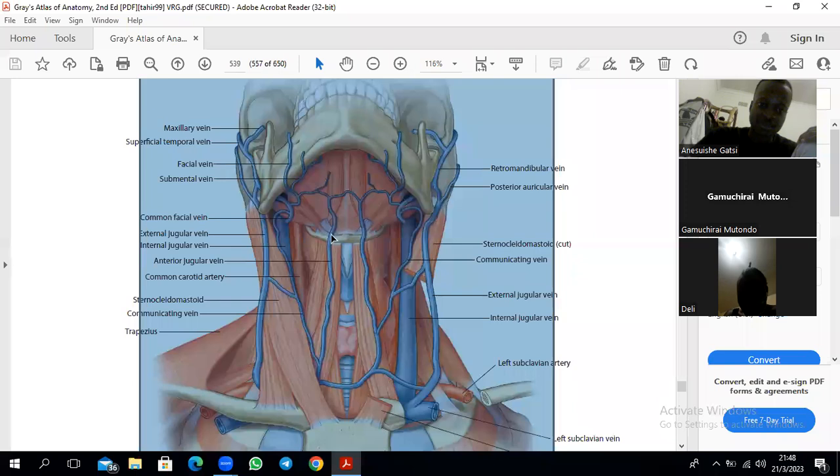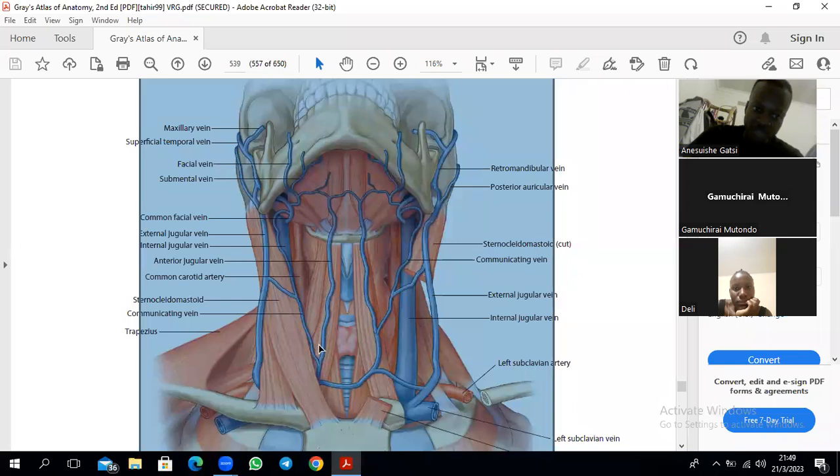Then near the midline here, we have what we call the anterior jugular veins. And these anterior jugular veins start off as a continuation of veins that we call the submental veins. Right. So the submental veins will join and create your anterior jugular veins. And I want you to notice something.